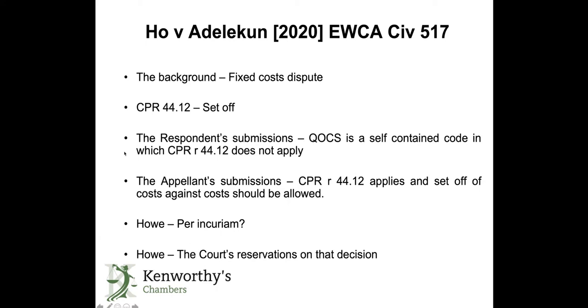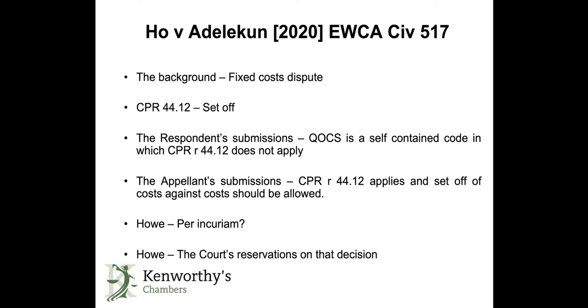Now, looking at the background of the case, this was a personal injury claim. The defendant made an offer by way of Part 36 to settle for £30,000. It was a claim that was allocated the fast track, but the parties agreed that the case should be reallocated to the multi-track.